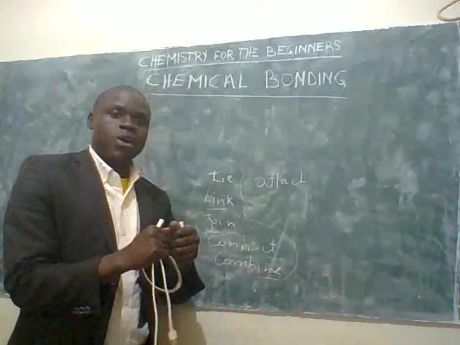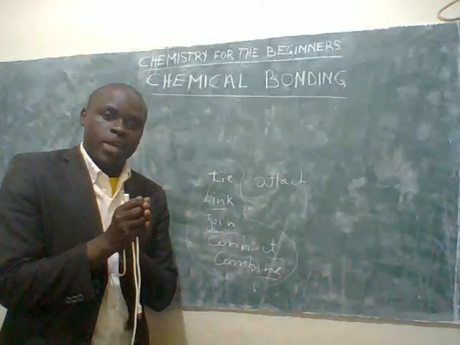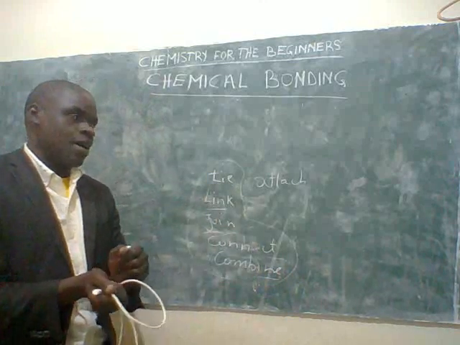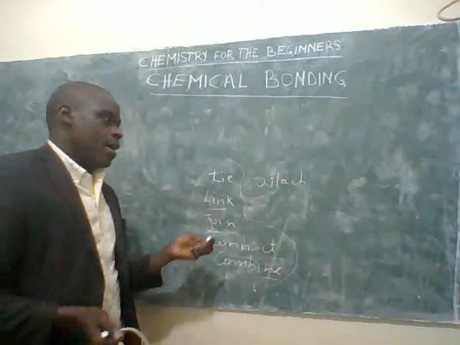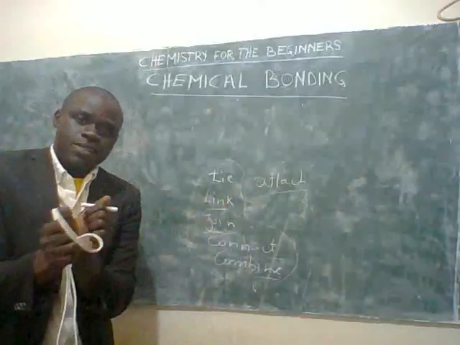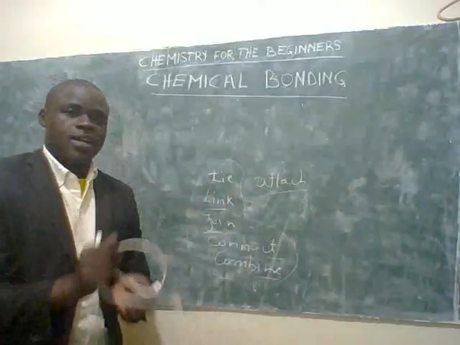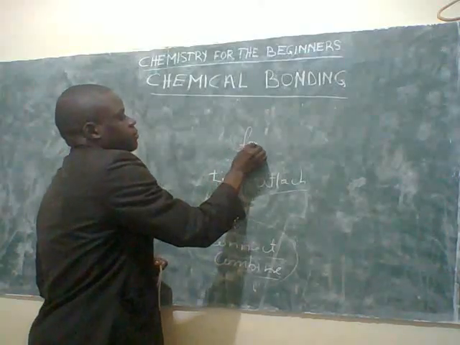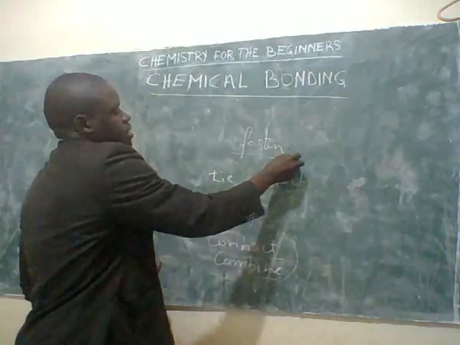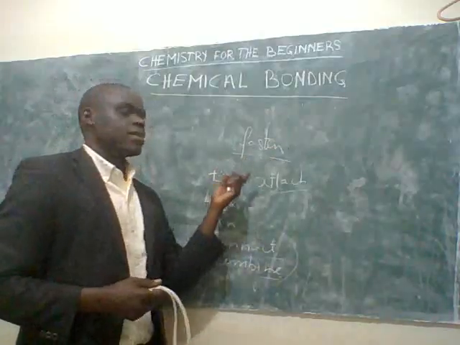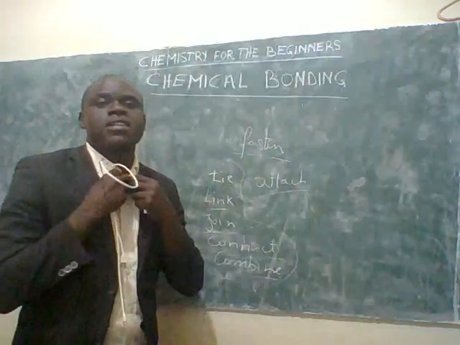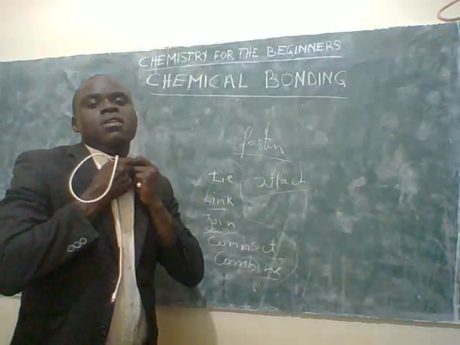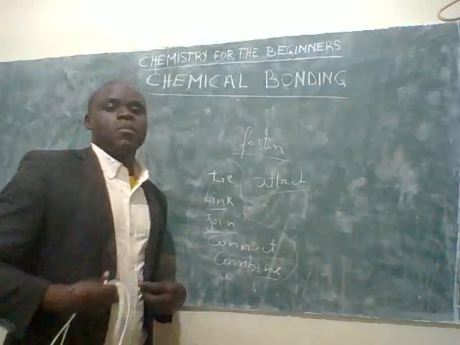So if you are making them close together, you are combining them, you are adding them together. Attach, you can attach something. Tie, you can tie something. Fasten, you can fasten something together, or you can fasten the button here on my shirt, on my coat.